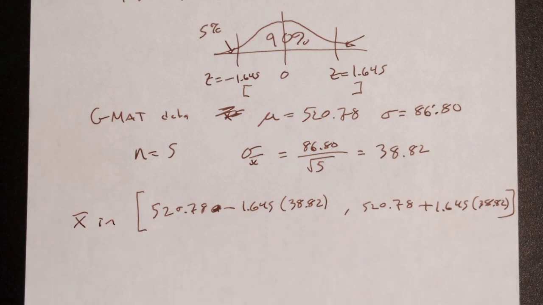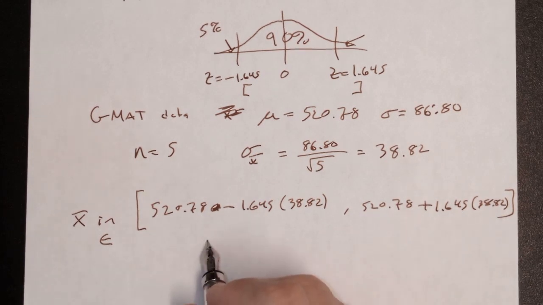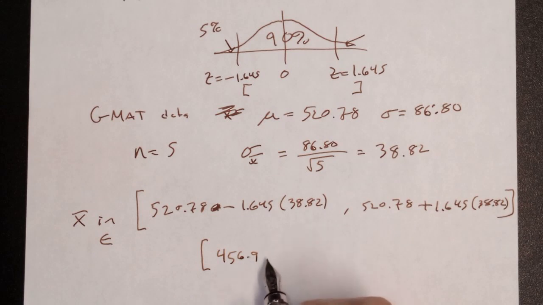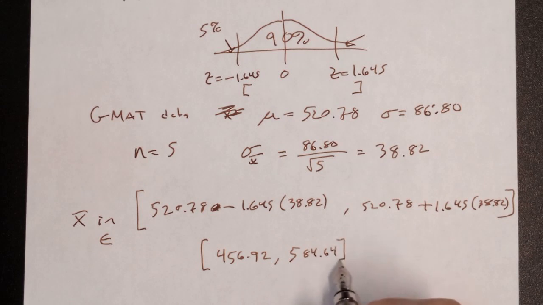There is a mathematical symbol that means is in something. It looks like a funky lowercase epsilon. I'm not going to use that notation very often, but I thought I'd mention it here. And you can give me 2 actual numbers here. I get, depending on how you round, 456.92 or 93, and then 584.64.